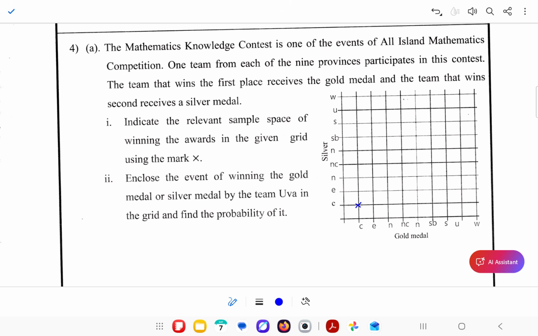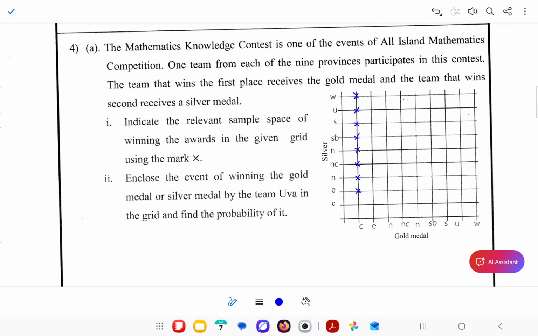Right. So this means what? Gold is won by Central province, and the other provinces have the ability to get silver, right?